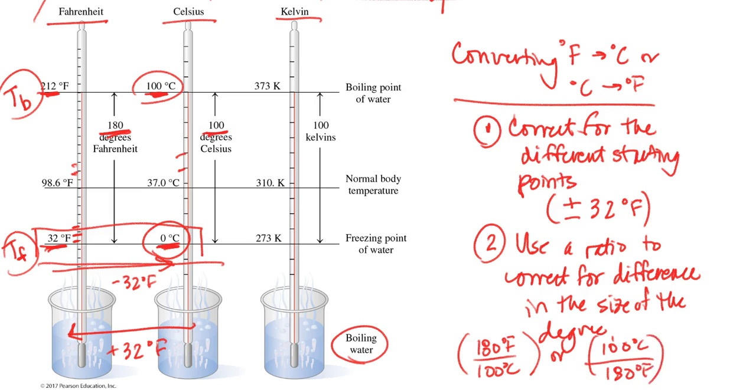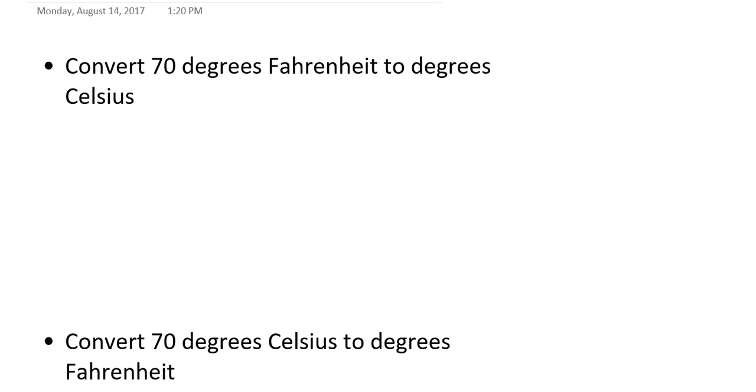So let's take a look at a couple of examples of temperature conversions between these two temperature scales. The book presents you with a formula. Say, for example, in this example problem, we're going to convert 70 degrees Fahrenheit to degrees Celsius.